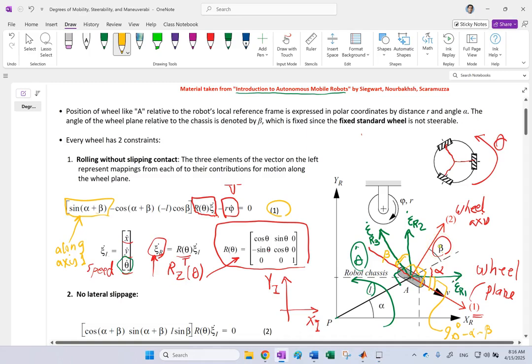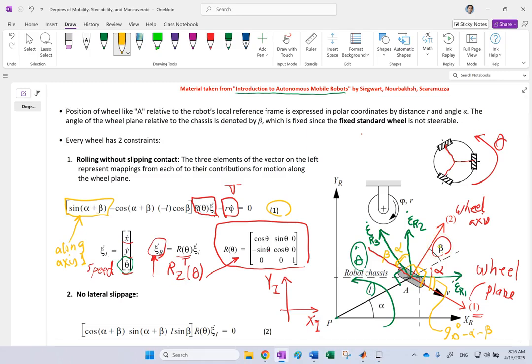And this is alpha, so that is going to make this angle alpha. So again, the total angle between xi dot r2 and the negative side of axis 1 is alpha plus beta. So the projection is going to be cosine of alpha plus beta, but since it's on the negative side, it is going to be negative cosine of alpha plus beta. Okay, that's for that projection.